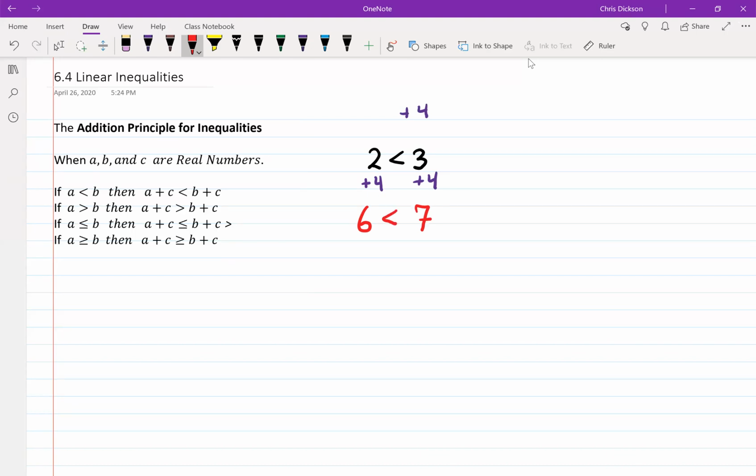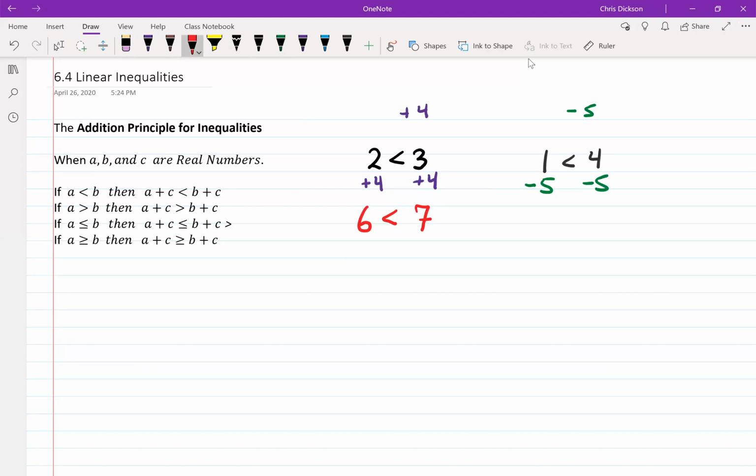And it would be. And what if you did negative numbers? Let's say you're subtracting 5 from both sides. So you still start with a small statement, let's say 1 is less than 4. And let's say we subtracted 5 from both sides. So would the inequality statement still be true here?